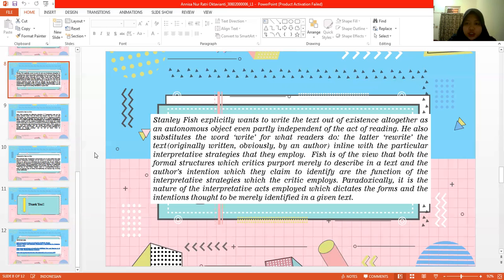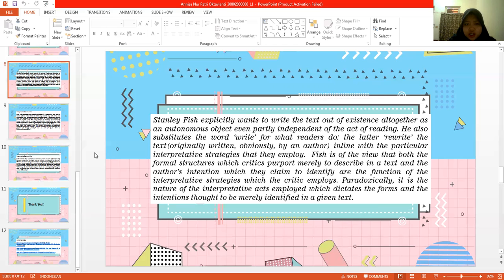Fish is of the view that both the formal structures which critics purport merely to describe in a text and the author's intention, which they claim to identify, are the function of the interpretative strategies which the critic employs.